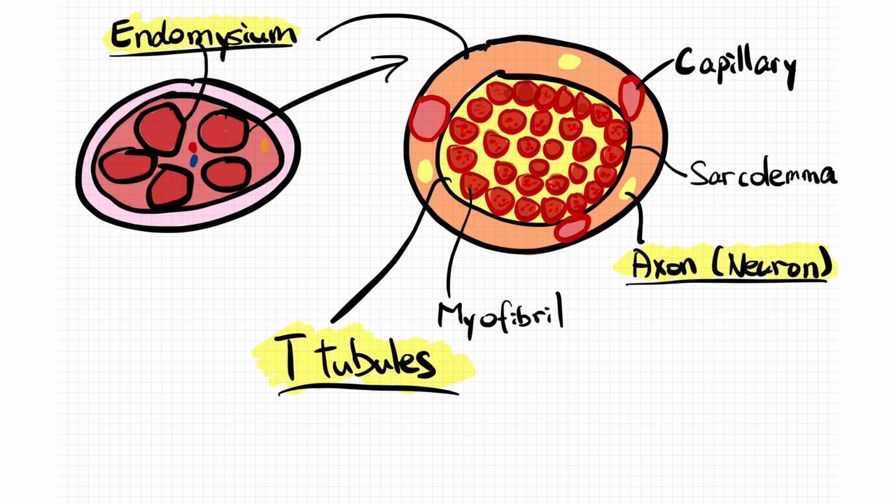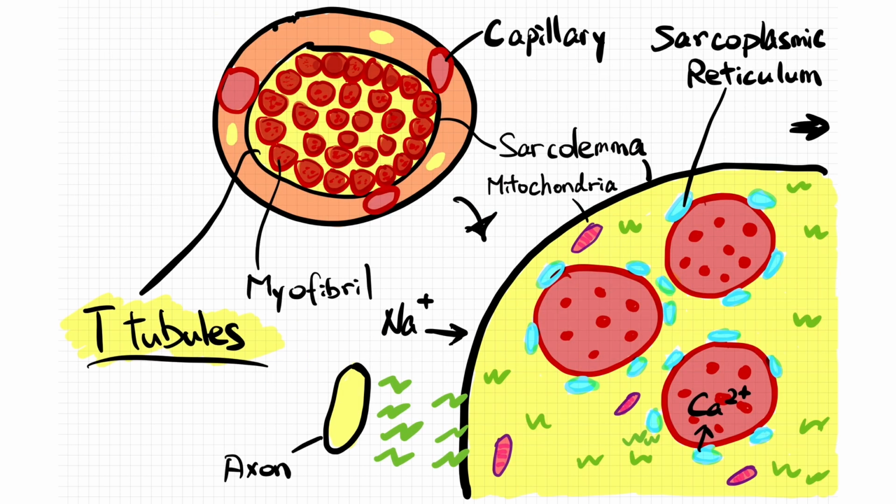Now, I know my illustration of the muscle cell looks like a pepperoni pizza. From this angle, the yellow cheese-looking area would be our T-tubules. A T-tubule is also known as a transverse tubule. It plays a crucial role in transmitting electrical signals deep into the interior of the muscle fiber.